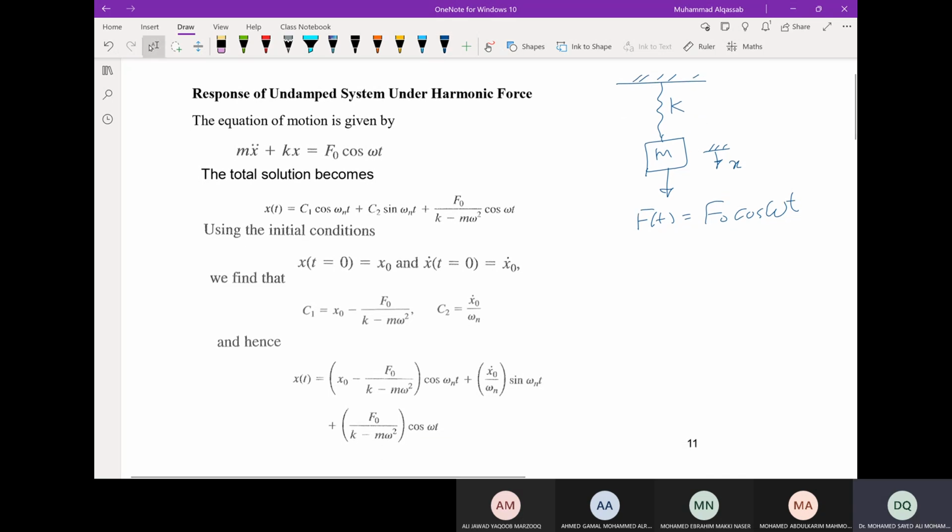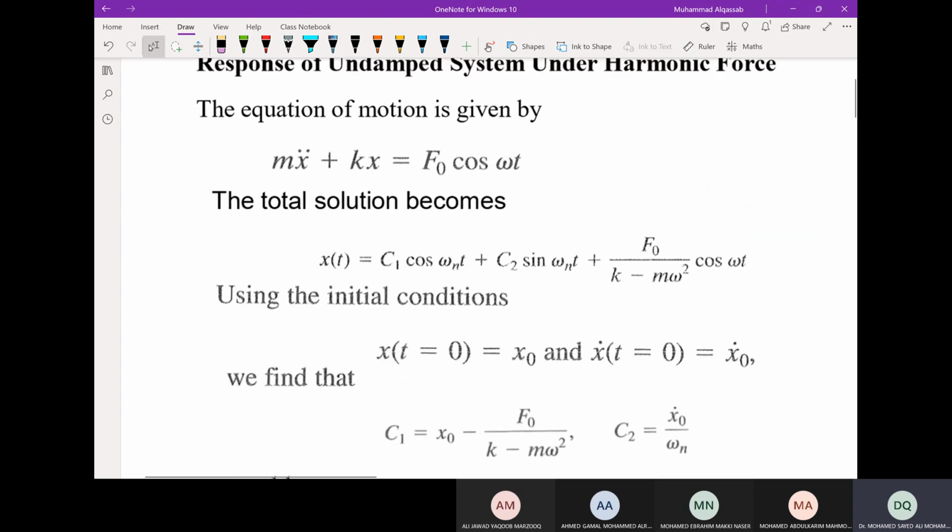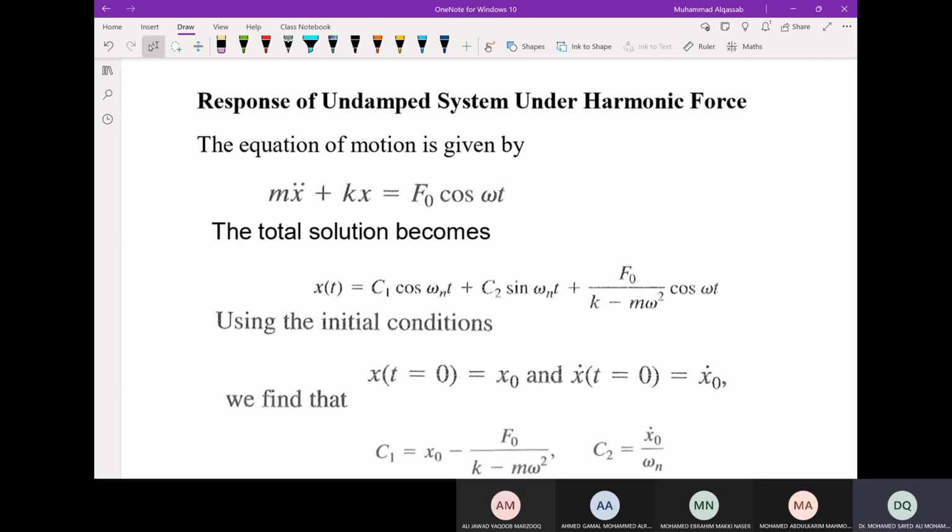Okay, so the differential equation for this system, you put C equal to 0, becomes m x double dot plus k x equal to f naught cosine omega t. Which is the same as what we did, but you put C equal to 0. The total solution becomes homogeneous as before, plus particular. The homogeneous solution is C1 cosine omega n t plus C2 sine omega n t, which is what we did in chapter 2.